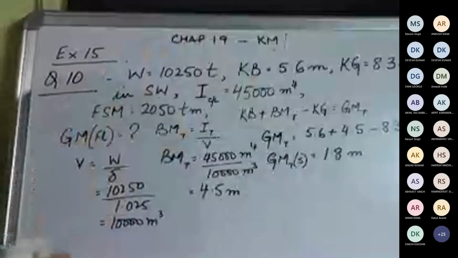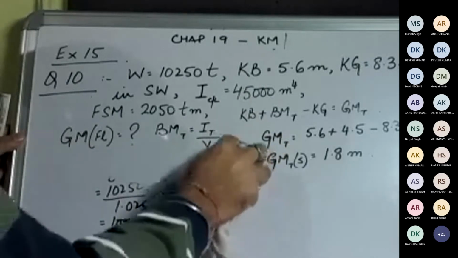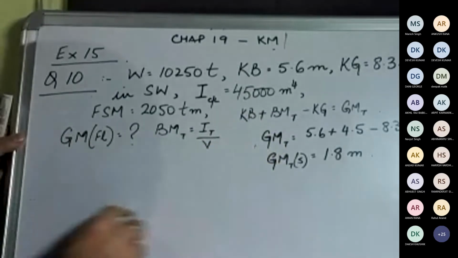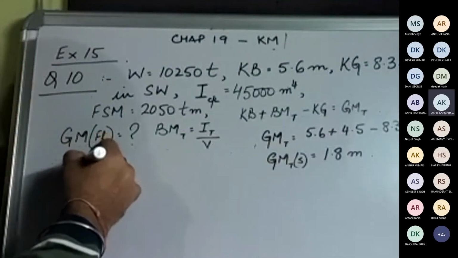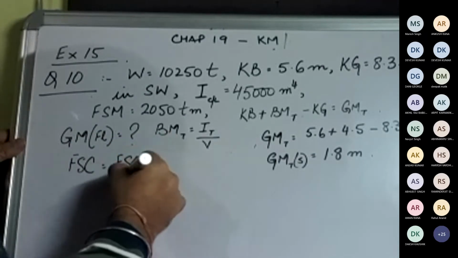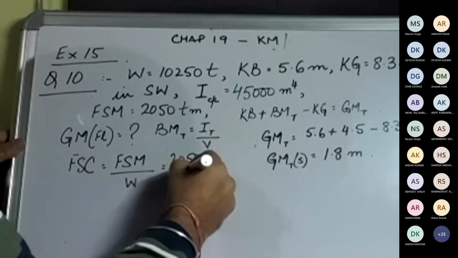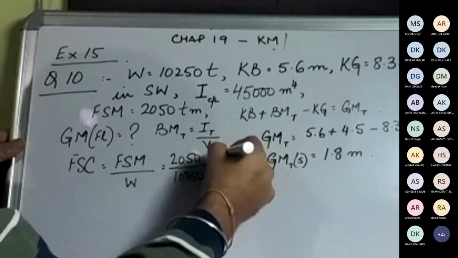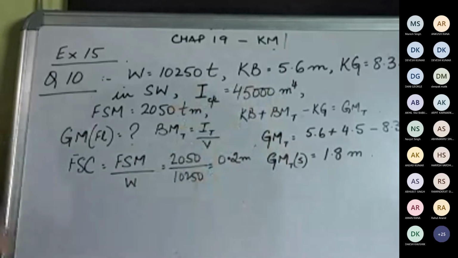Find out FSC. 0.2. FSC is FSM divided by W. 2050 divided by 10250.